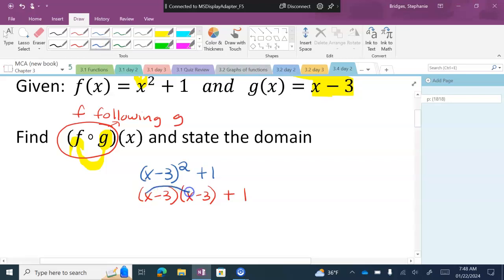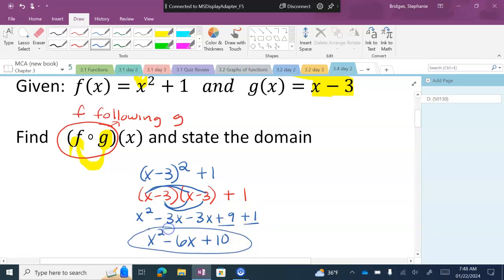So we're just going to do like we know how to do, distribute each term, and then I'll combine my like terms. So that's going to be x squared minus 6x, and then I can combine those two together to get a plus 10. Okay, and so that would be the result of the composite function.